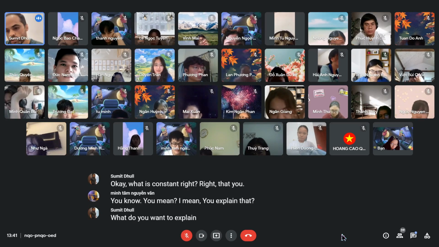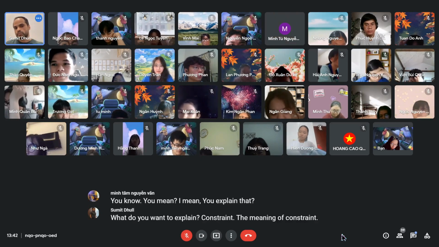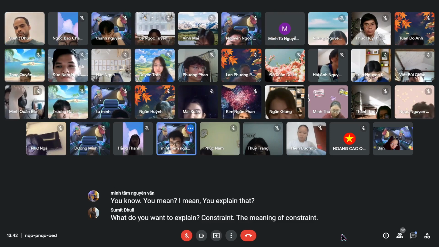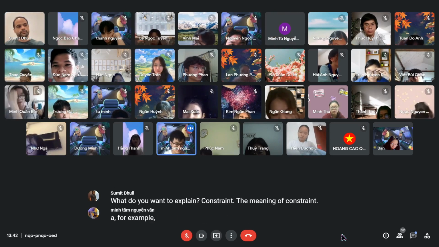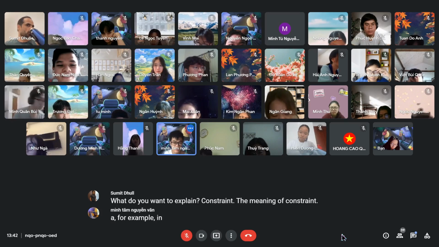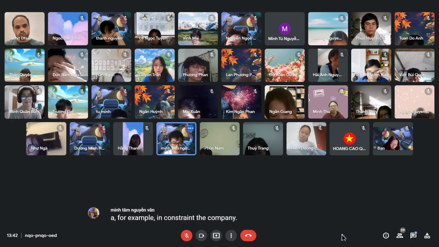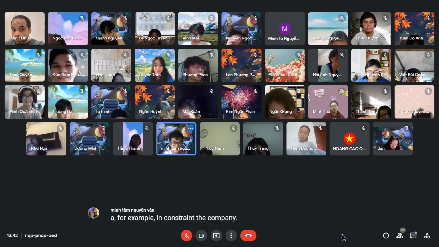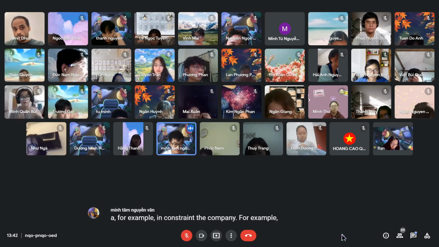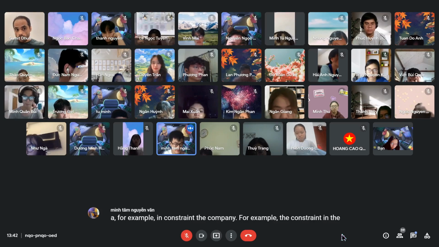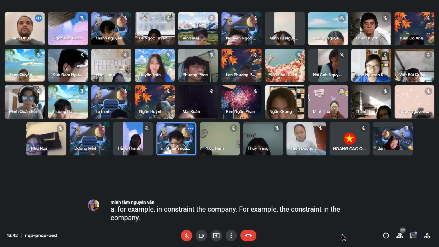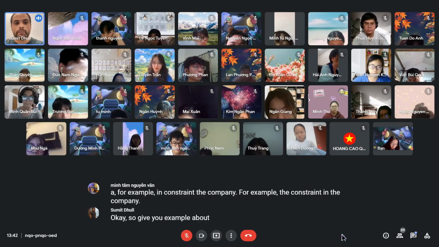The meaning of constraint? For example, the constraint in the company. Okay, so I'll give you an example about constraint in a company.